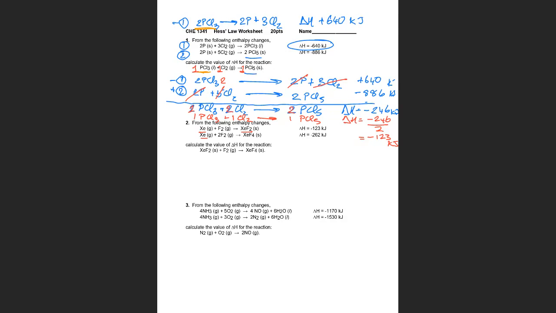This is the energy to turn xenon into xenon tetrafluoride. What's the energy to turn xenon difluoride into xenon tetrafluoride? This is the same question as question number 1. It is the same thought process. I'll not do that one.